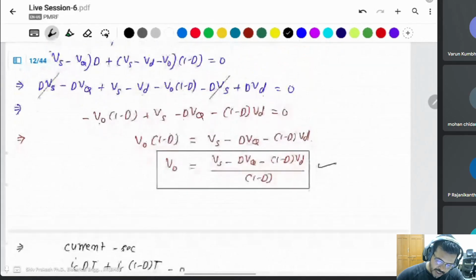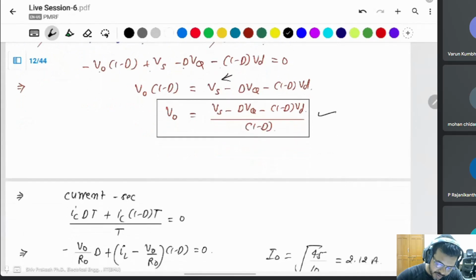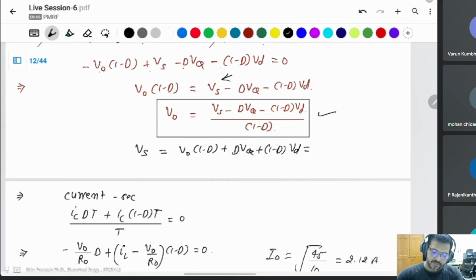Then from this equation you can calculate the input voltage Vs. What is the Vs? V naught into 1 minus D plus D Vq plus 1 minus D Vd.